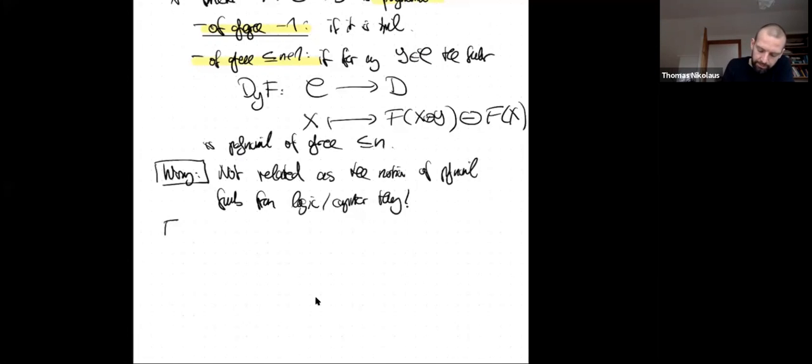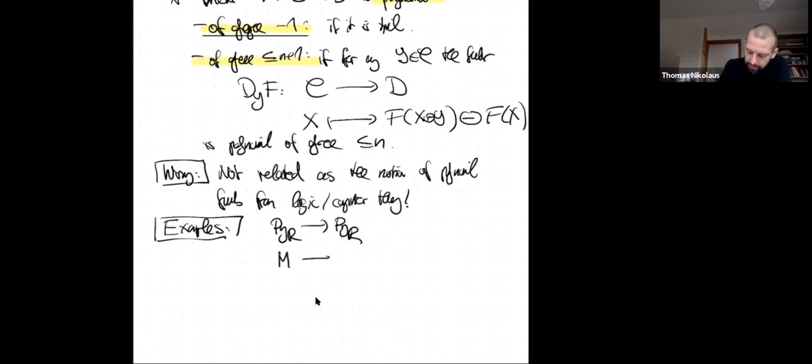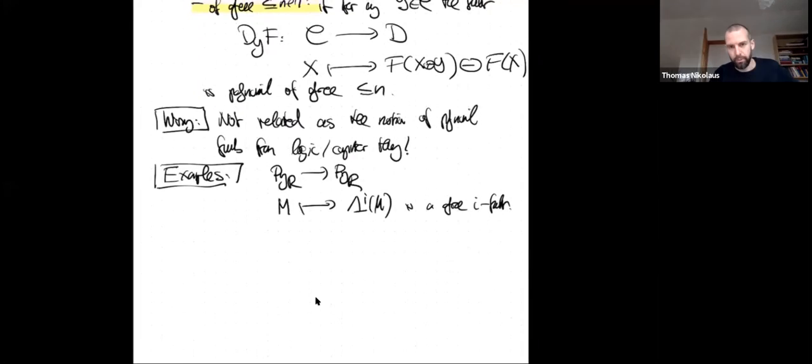Anyway, so here are examples. There is this functor Proj_R to Proj_R that we've talked about the whole time, which is sending M to the i-th exterior power of M. And that is a degree i functor. So this is actually a polynomial functor of degree i, as one can figure out.